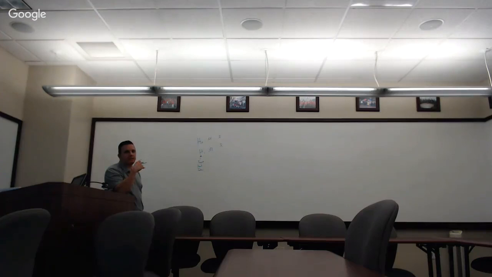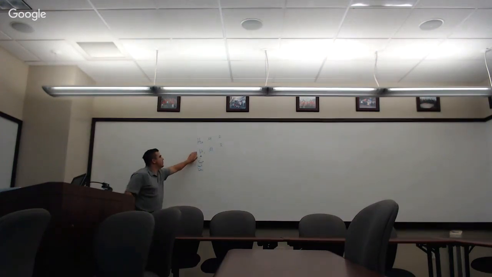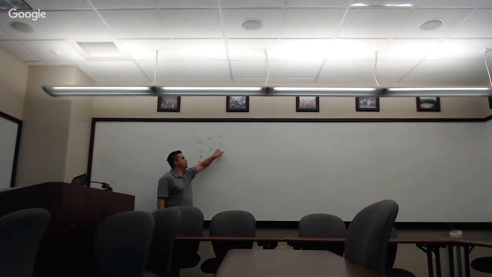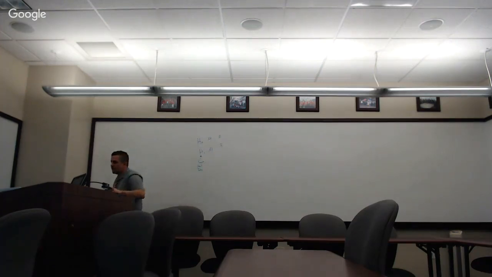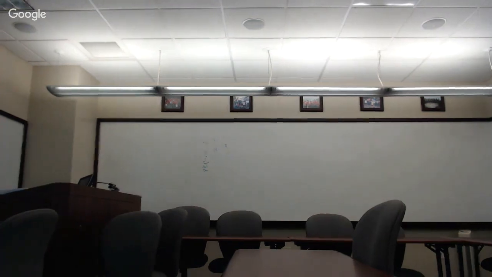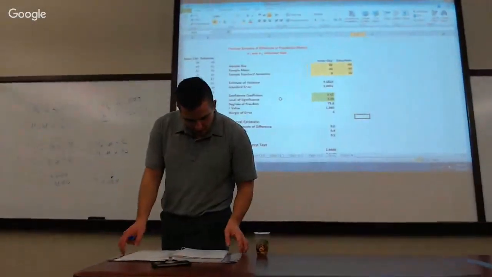That's why I don't like to say accepting the null, because we're not really accepting it, we're just not proving it. So whenever we have a goal, whatever our goal target is, we put it in the alternative hypothesis, whether it's greater than or less than, and then the null is the opposite of that. Let's do a couple of walkthroughs.